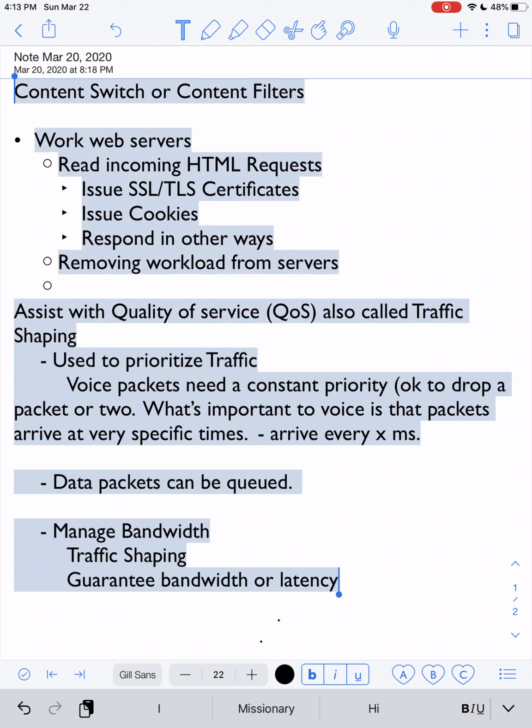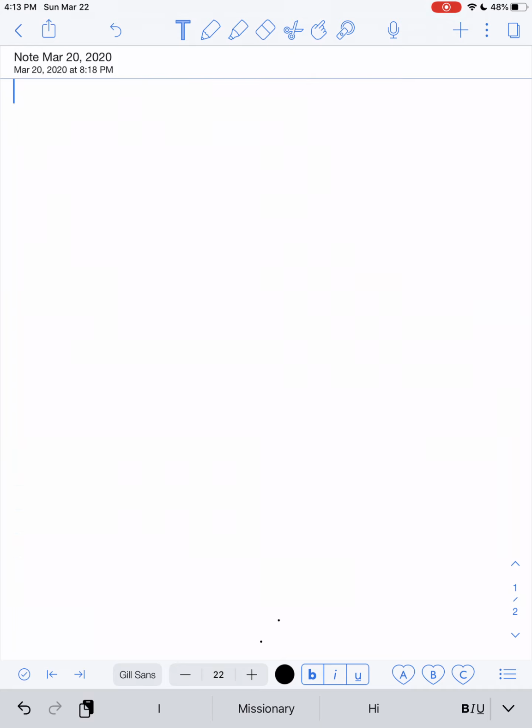Another feature of switches is called port bonding. Now, in port bonding, we combine two or more ports to increase bandwidth.